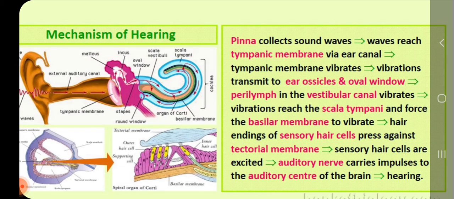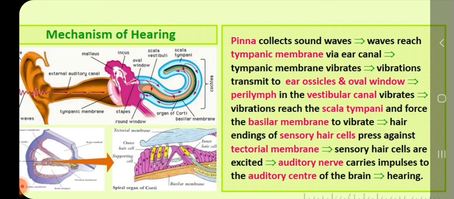So I'll repeat. The external ear collects the sound waves and makes them enter till the eardrum, and once the eardrum receives the sound waves, it starts vibrating. These vibrations are passed on to the ear ossicles, and from the ear ossicles they reach the oval window.